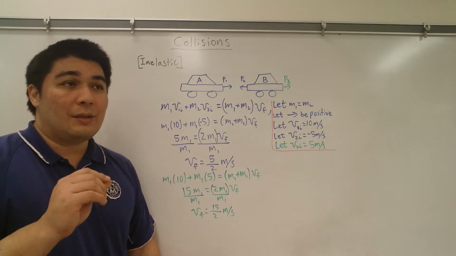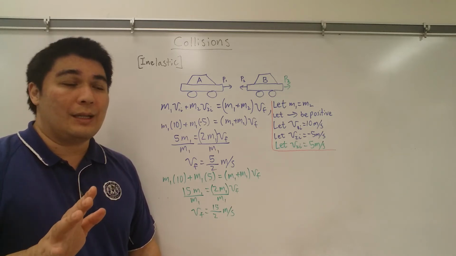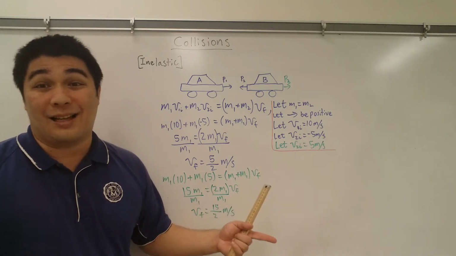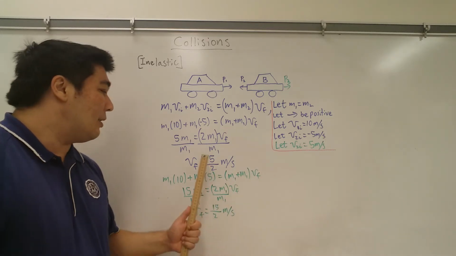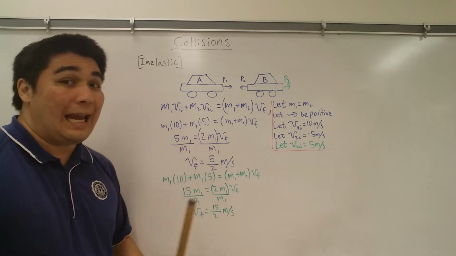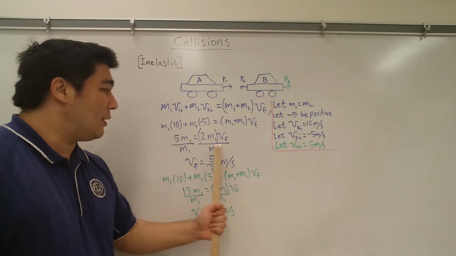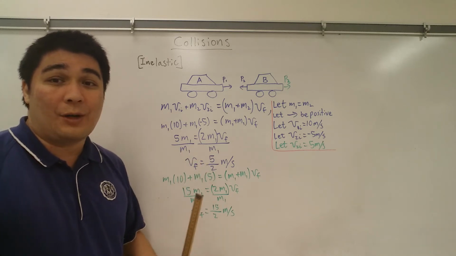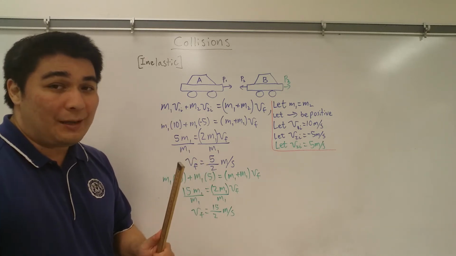The only reason that this doesn't work is if M1 is 0, because then we're dividing by 0, and that's not allowed by math. So as long as M1 has any mass at all, this tool of dividing both sides of the equation by M1 works. So keep that in mind.